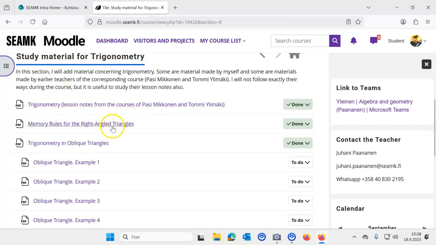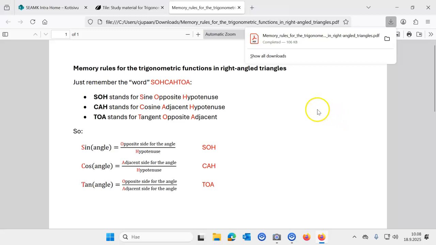I put there these memory rules we had last time. I also found that from one of my books, which for the first time in my life I actually understand how intelligent, how wise it is to use this kind of memory rule, especially if you are good in English.